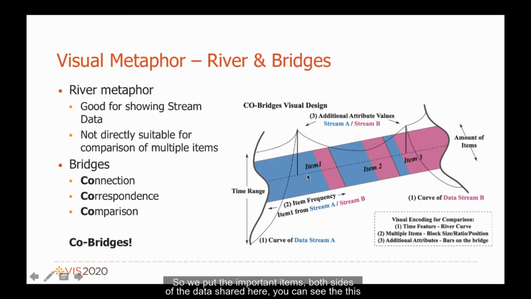We put the important items shared by both sides here. You can see item 1 is mentioned more by the left stream, but item 3 is mentioned more by stream B. So with this quite simple metaphor, I think it's effective for connection, showing correspondence, and doing the comparison. That's why we call it Co-Bridges.